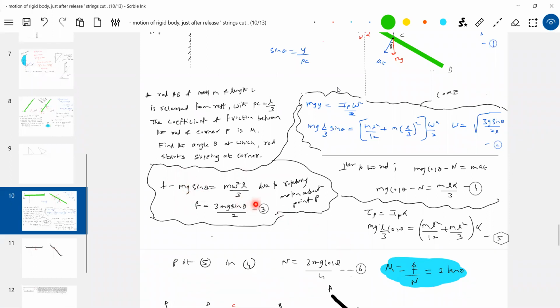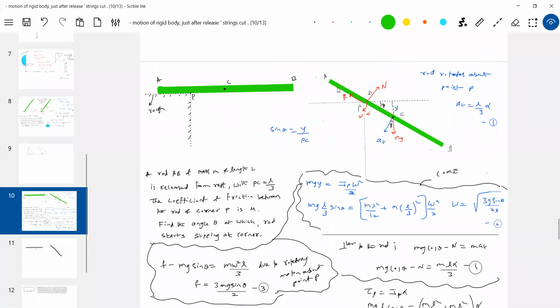So you take a rigid body, when you leave it on a rough surface, it must first rotate, then slip. If the surface is smooth, what will happen? Analyze this. If the surface is smooth, immediately it will start slipping, no? If the surface is rough, first it will rotate, then it will slip.